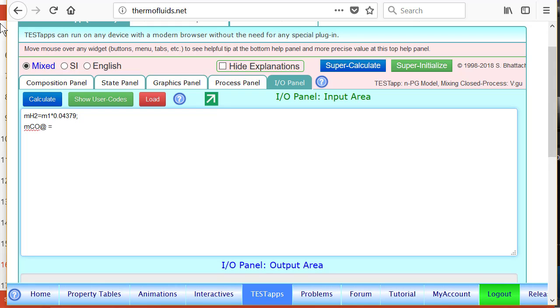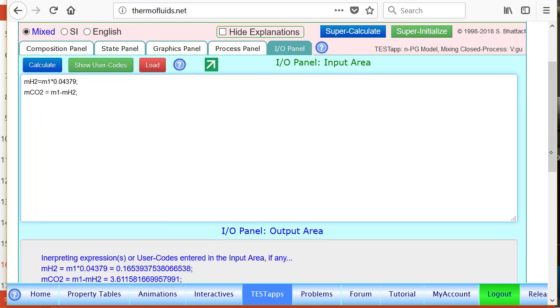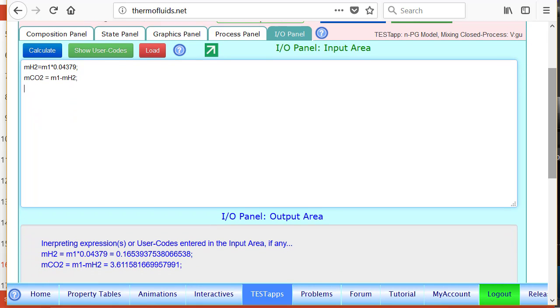We can say that it is equal to m1 times the mass fraction of CO2, or m1 minus the mass of hydrogen, because there is only hydrogen and CO2 in mixture A. By the way, the calculated values appear below, so that means we have done it correctly. Mass of oxygen is simply m2.